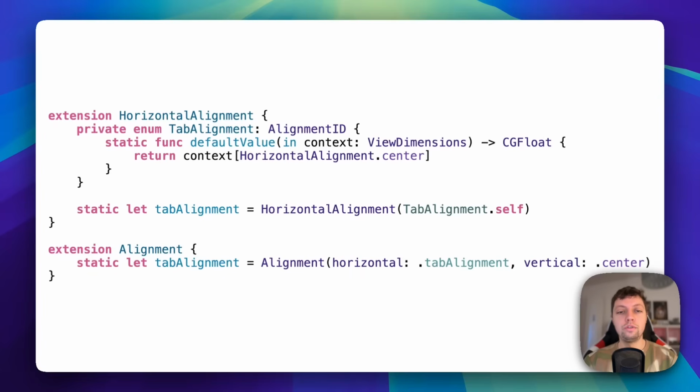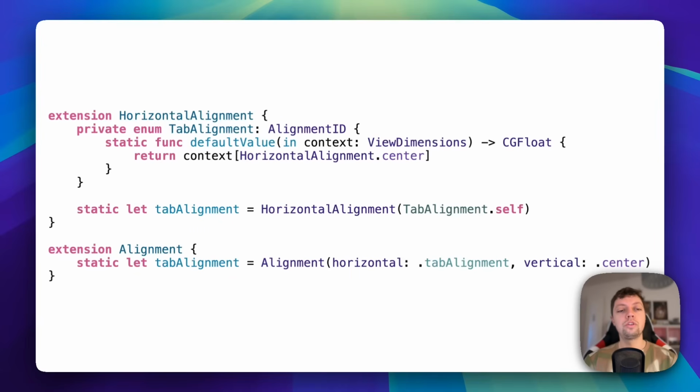And in our default value, we return HorizontalAlignment.center because we want to align them from their center point, not leading or trailing, of course. We're also adding a convenience accessor, so a static let tab alignment is our horizontal alignment of tabAlignment.self. I know this looks a bit confusing, but I hope you can bear with me here.